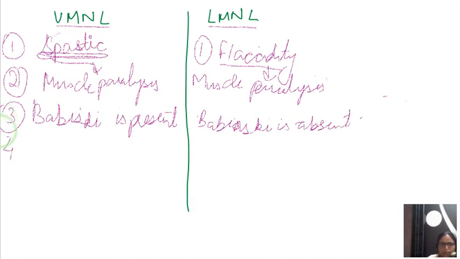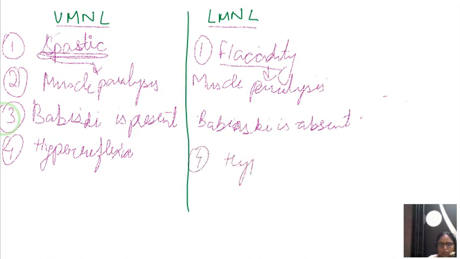And if you check the reflexes of the patient with an upper motor neuron lesion, the reflexes will always be hyper, so hyperreflexia. Whereas in the lower motor neuron lesion, the patient will present with hyporeflexia, or absent reflexes.